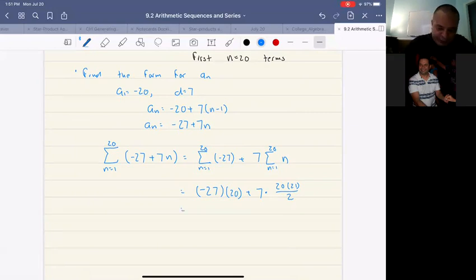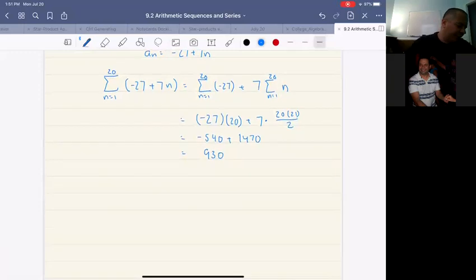So this is negative 540 plus 7 times 10 times 21, which is 1,470. That gives 930. Okay. All right. Awesome.